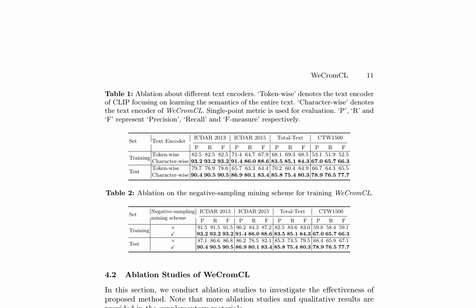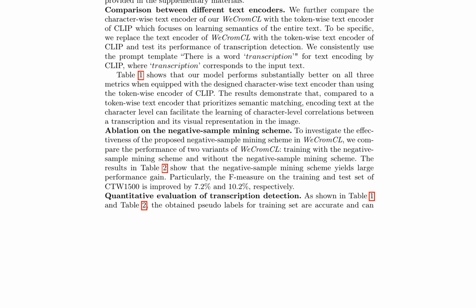Furthermore, the authors investigate the effectiveness of the proposed negative sample mining scheme in WeCromCL by comparing the performance of two variants of WeCromCL: training with the negative sample mining scheme and without it. The results in Table 2 demonstrate that the negative sample mining scheme yields substantial performance gains, particularly improving the F-measure on the training and test set of CTW1500 by 7.2% and 10.2%, respectively.